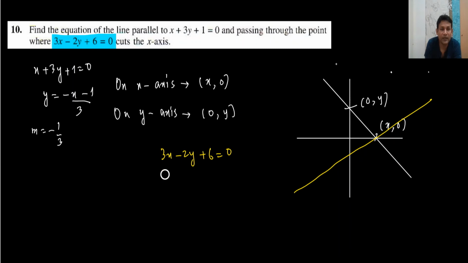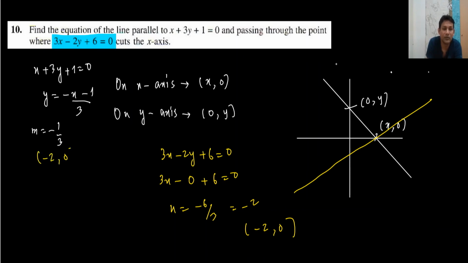So can you find the coordinate on the x-axis? y is 0. So x is coming minus 6 upon 3, which is minus 2. So the coordinates we can write are minus 2 comma 0. I can use the same coordinate here, minus 2 comma 0, because this line is passing through the point where this cuts the x-axis; both the coordinates are the same.